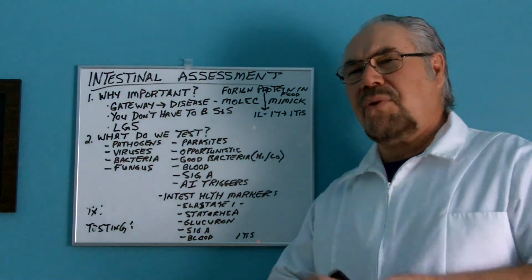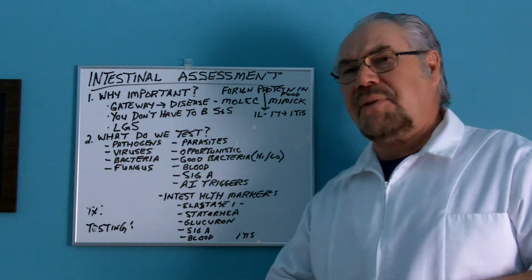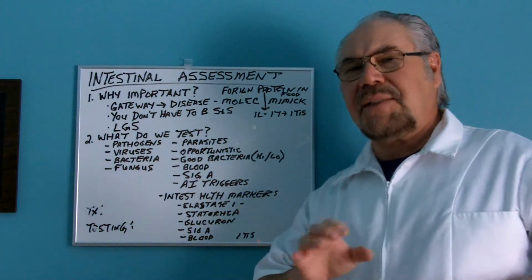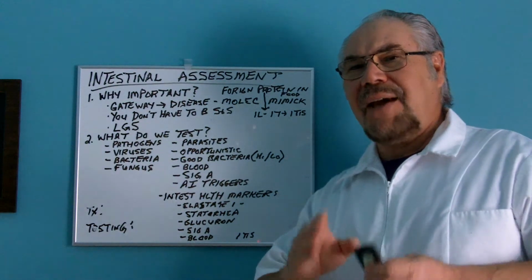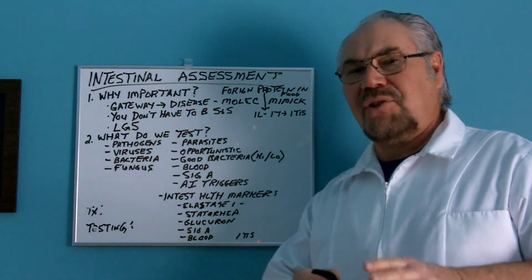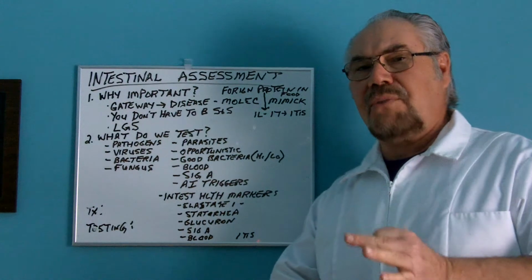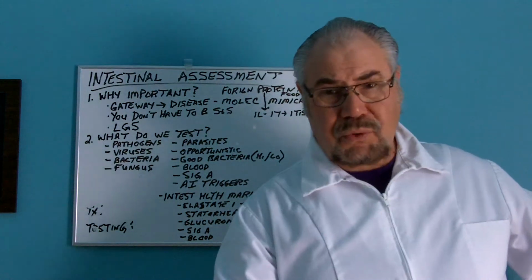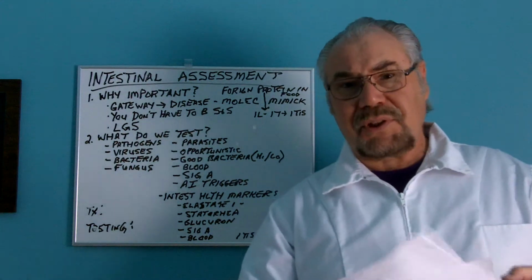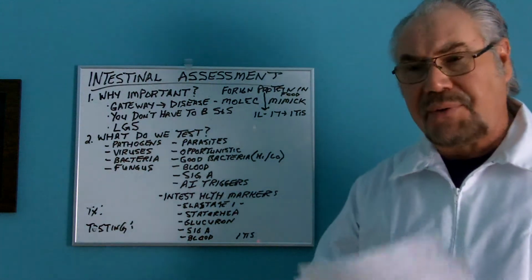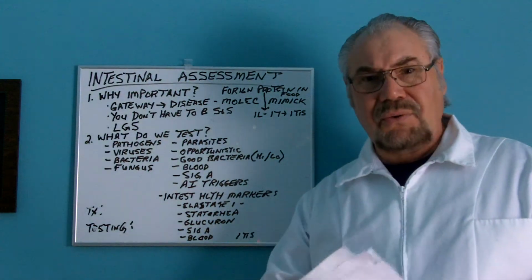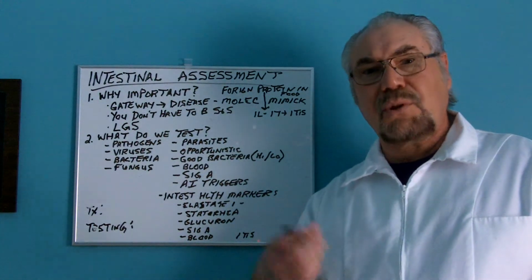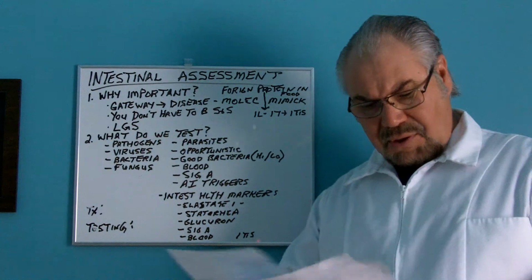Oh wait, there's one more thing I wanted to tell you about. There's autoimmune triggers. The test is really good at finding out if you have infections that can trigger an autoimmune disease, like we said, rheumatoid arthritis, ankylosing spondylitis, psoriatic arthritis, Hashimoto's disease, systemic sclerosis or scleroderma, lupus, all those things.